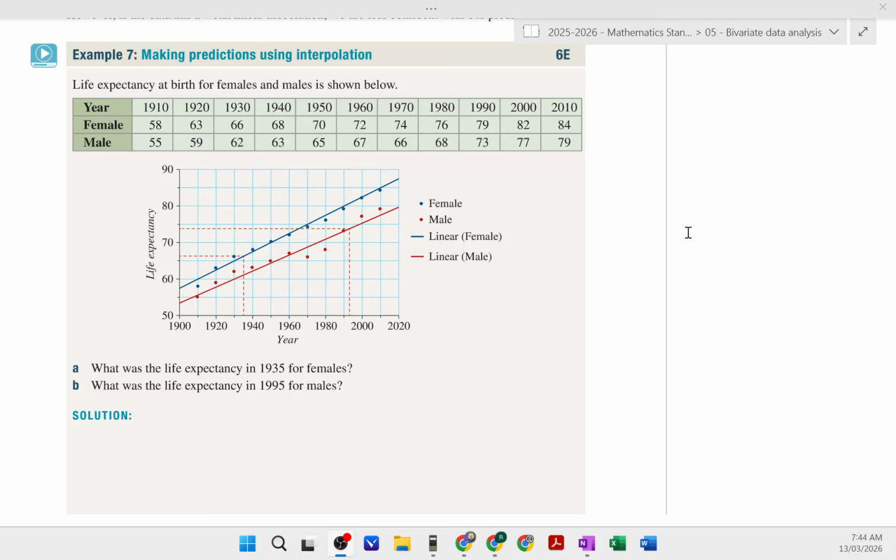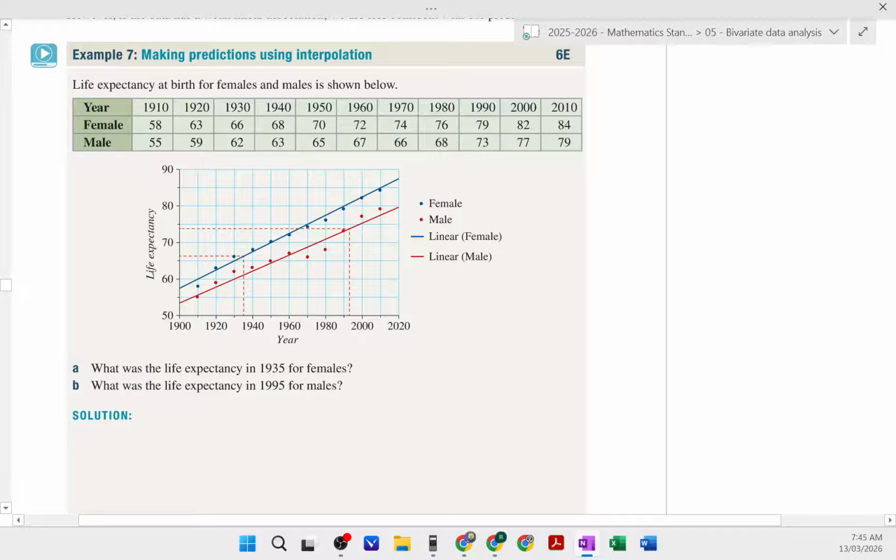But anyway, life expectancy. What we're looking for is what was the life expectancy in 1935 for females. This data isn't necessarily exactly on there because we don't have 1935. We've only got 1930 and 1940.